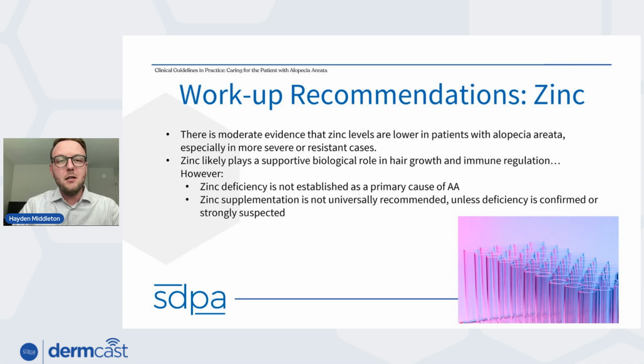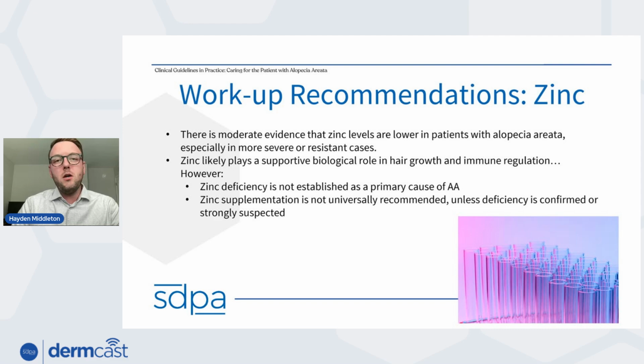So first, zinc. There was actually moderate evidence that zinc levels are lower in patients with alopecia areata. This was especially found in more severe or resistant cases of alopecia areata. And it was well supported that zinc definitely plays a biological role in hair growth and also immune regulation, which obviously is hugely important in alopecia areata.